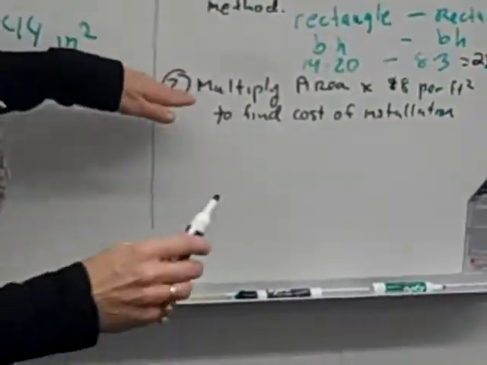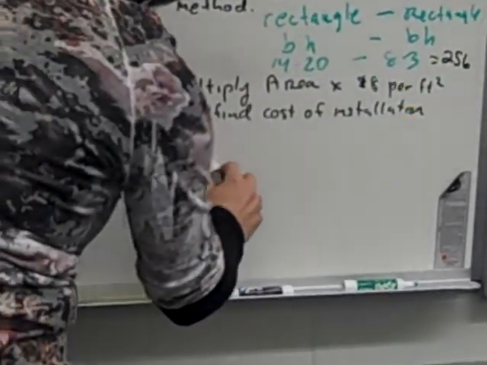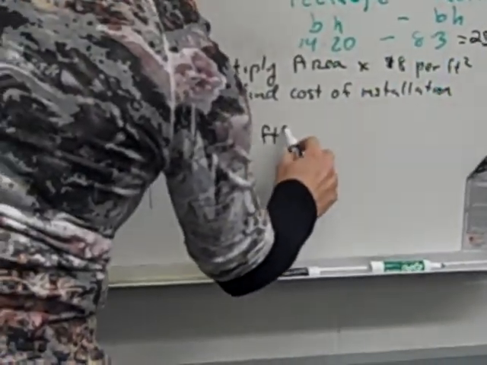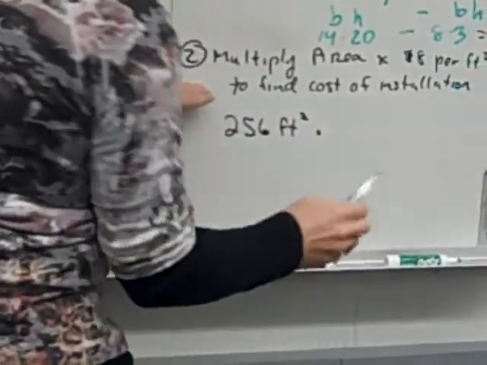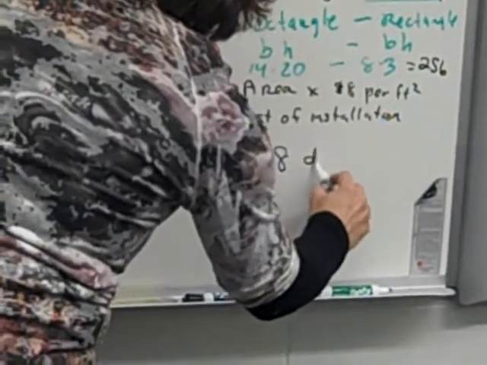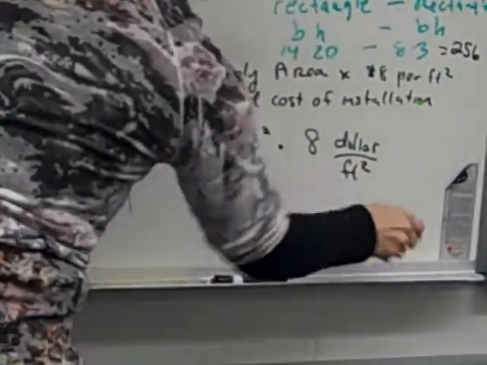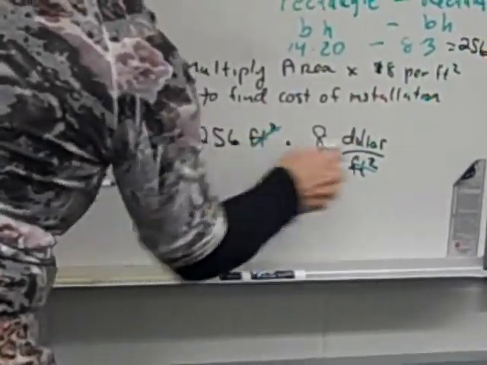Now, to find out the installation cost, I'm going to have to take my 256 square feet and multiply that by the cost per foot, $8 per square foot. Now notice when you do that, the square feet cancel out.